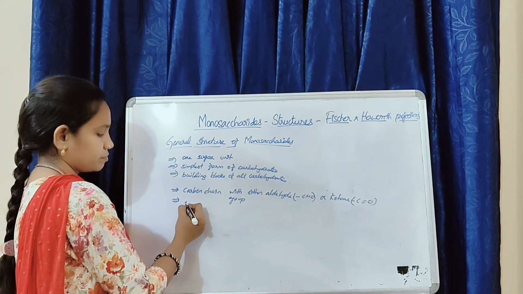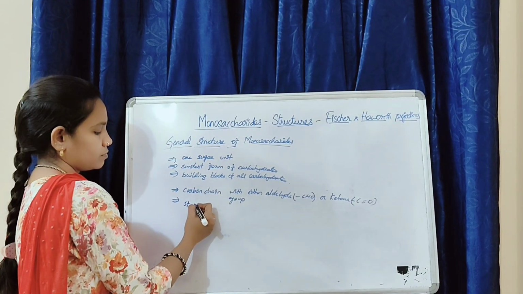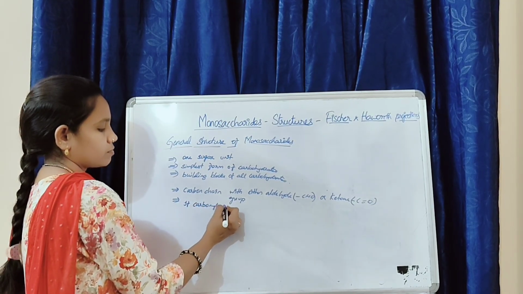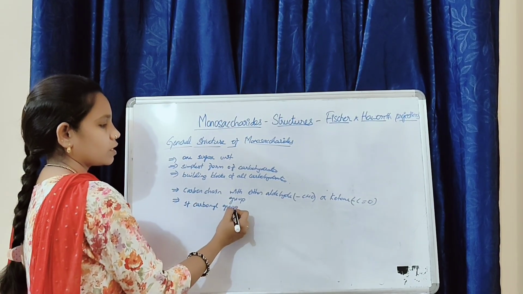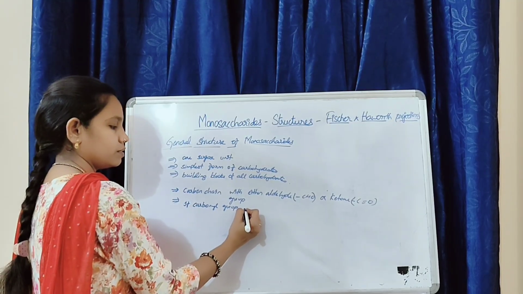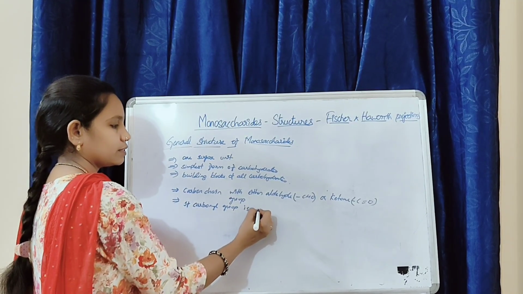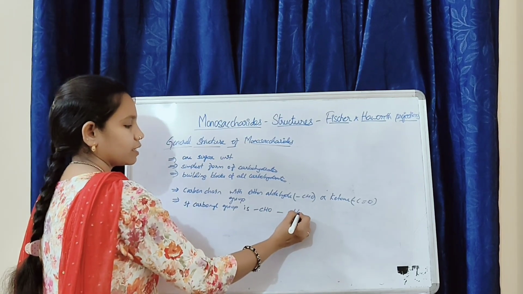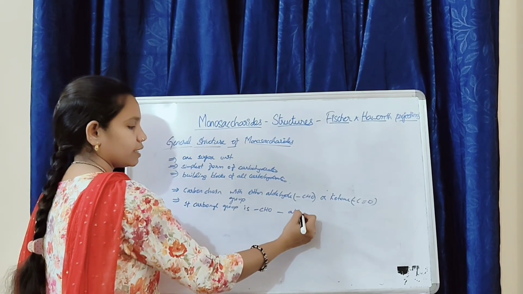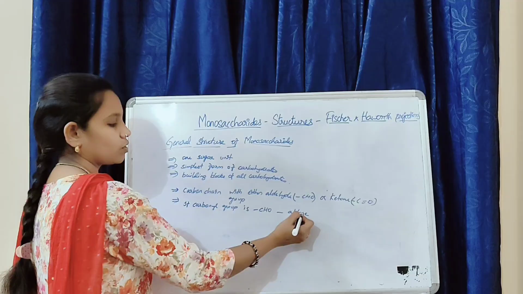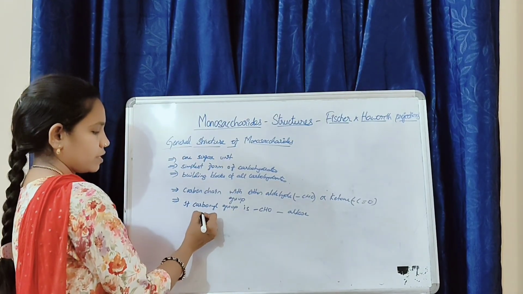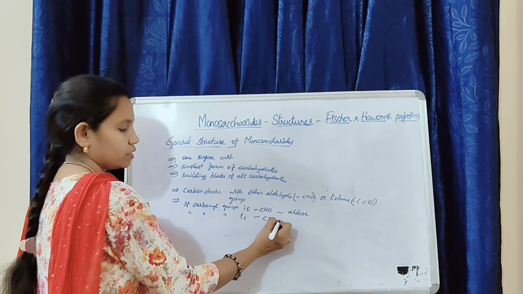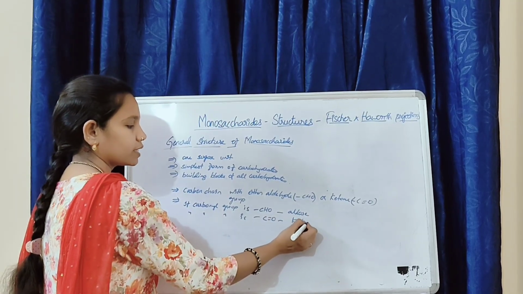If the carbonyl group is CHO, then it is aldehyde. Means when it is aldehyde, then the sugar is called as aldose. If the carbonyl group is ketone group, then the sugar is called as ketose.